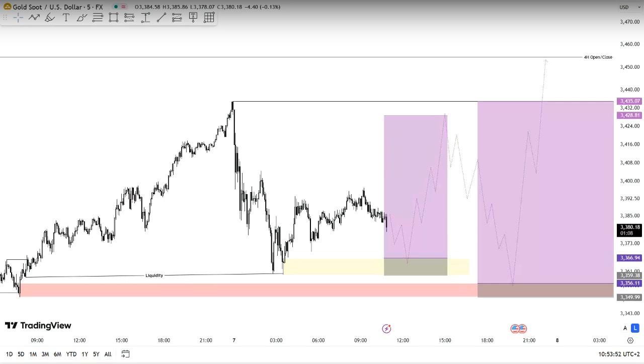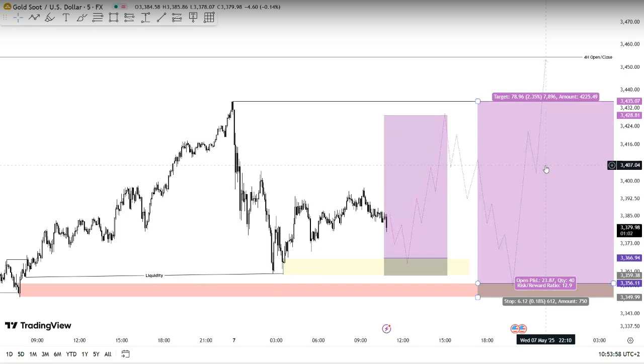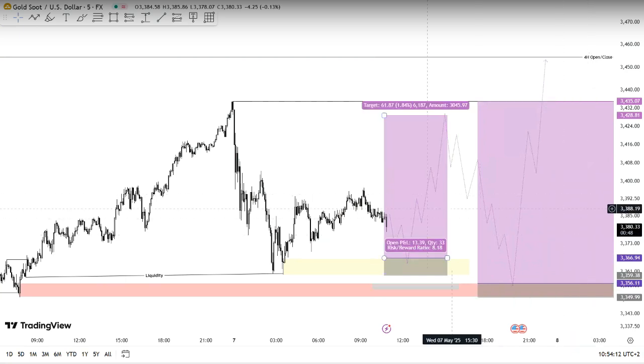Okay, I still have the buy limit from this area. I think I set it, it was that other one, 0.25 and 0.75. So it's just one lot. I still have it. So all good, we'll see how this one plays out.